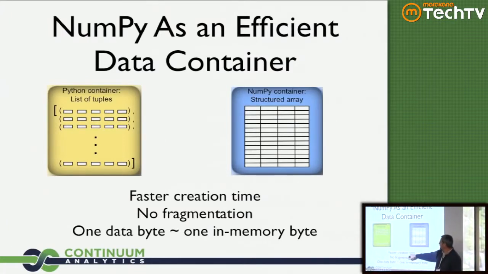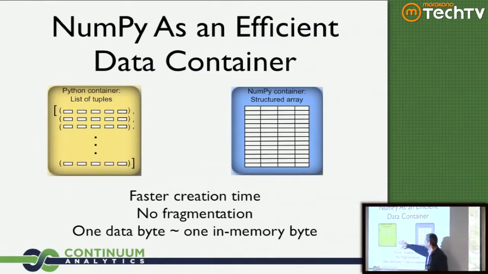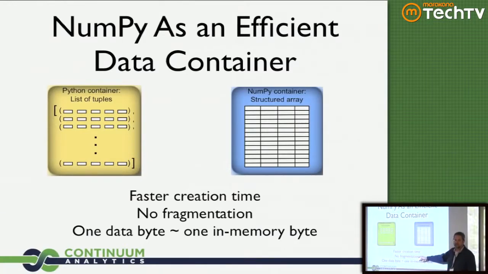As a result, you have faster creation time, because it is much faster to create one single object than to create many objects. You don't have memory fragmentation, which is essential when you want to optimize your access to data.